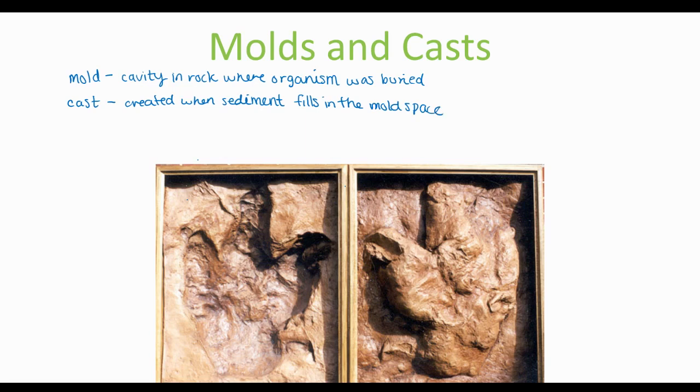So we have this picture here. In this picture, we have the mold that was left by the organism, and then the organism was eroded away, and sediment was able to come and fill in that area. And now on this side, we have the cast.